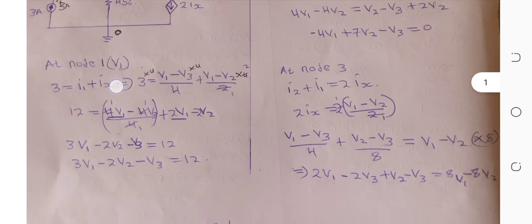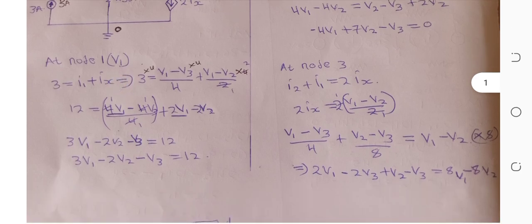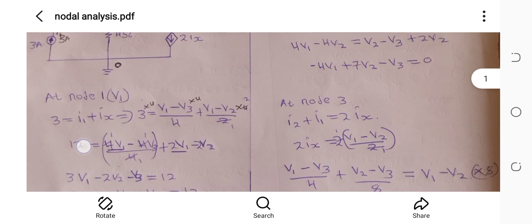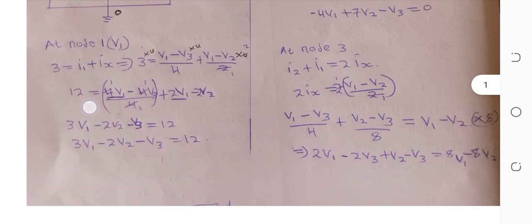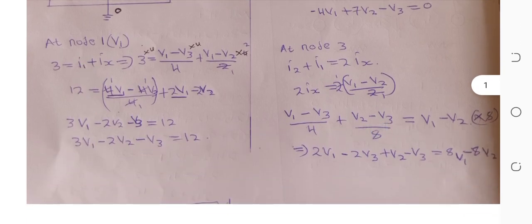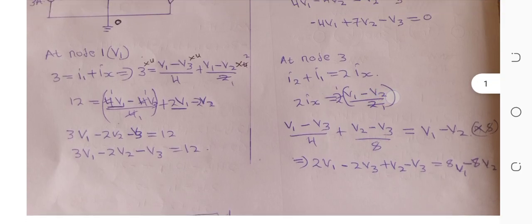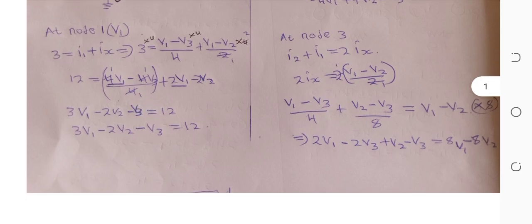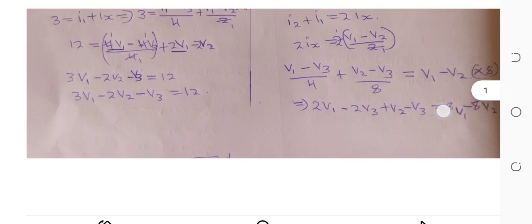That's why we are getting this one over here. So this is equals to V1 minus V2, because this is our 2Ix. We divided by 2 and found that the 2s cancel out, so we have our equation as it is here.